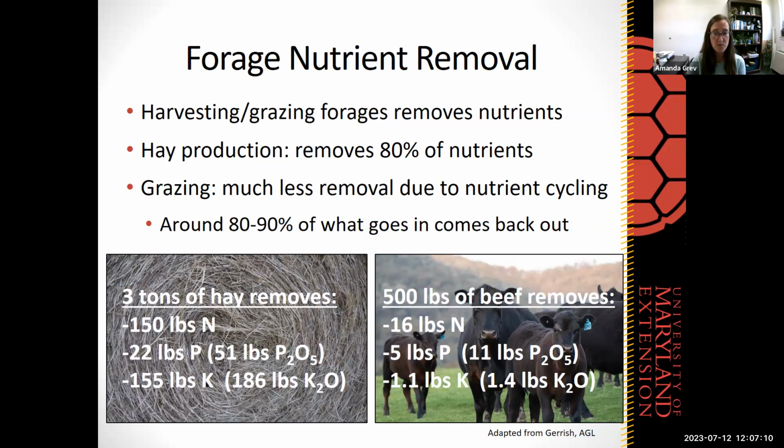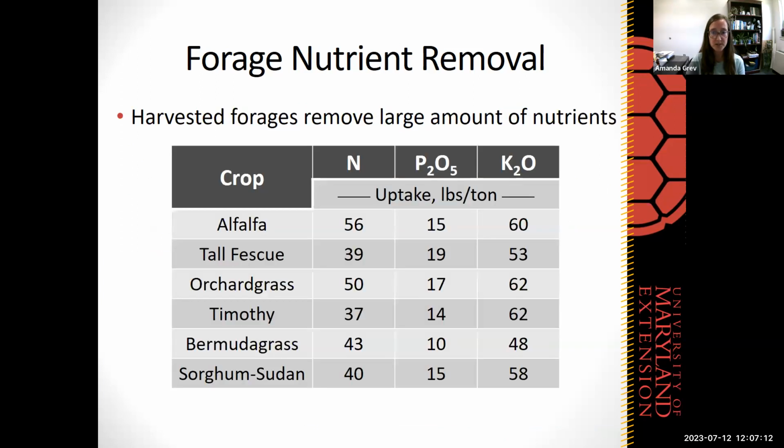So we're really removing a lot more with those harvested forages. Here's a chart showing some of our common forage species and, on average, the amount of nutrients that they're removing in terms of pounds per ton. You can see that for really all of these common forage crops, they are removing a large amount of nutrients. And the key here is also the pounds per ton.